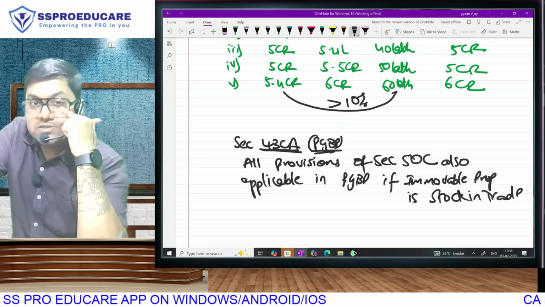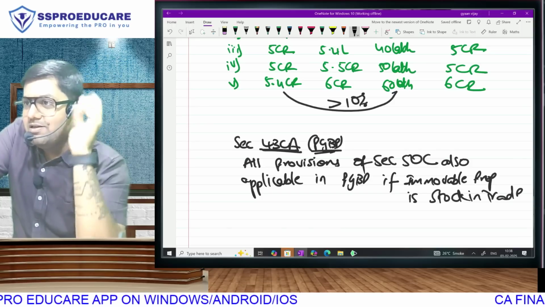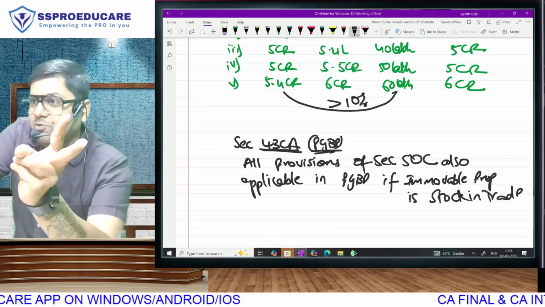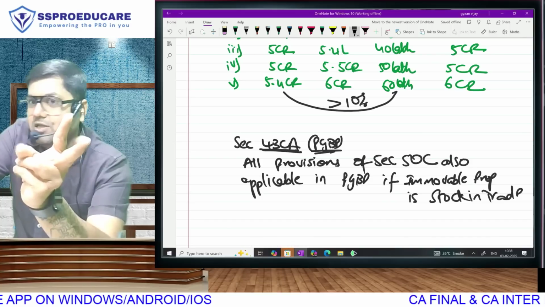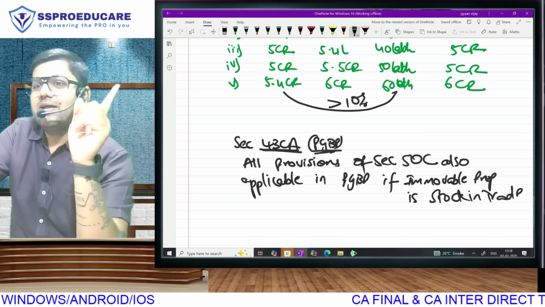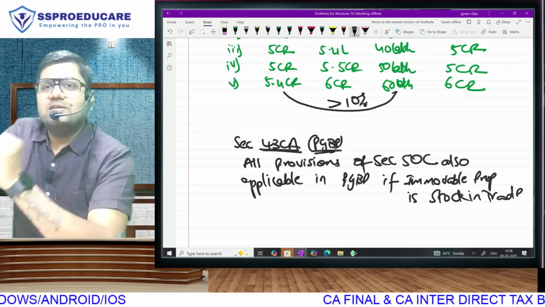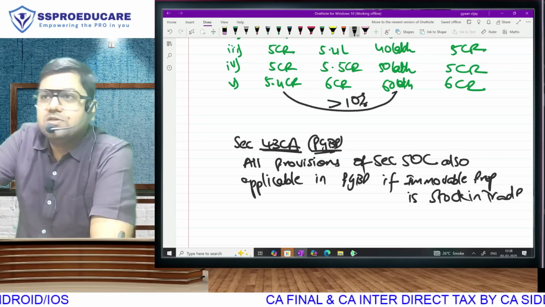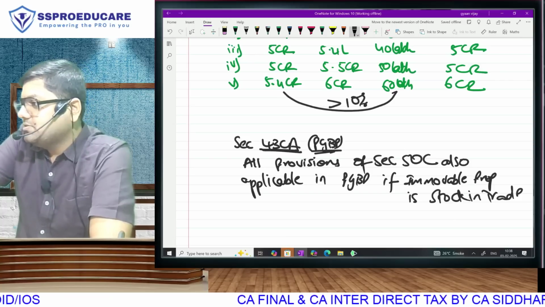Think about it. Because developers always do agreement first and then some years later they hand over possession. Will the buyer pay the increase in value between the two dates? No. Then poor guy developer can't be paying tax on the new value. He will pay tax on the old value if some consideration was received in the 3 allowed modes at the time of agreement, and of course 10% margin also over here.